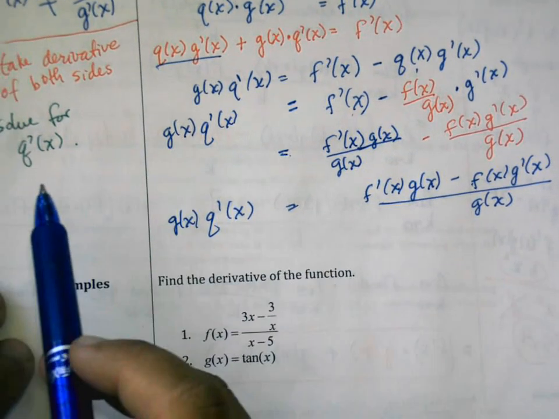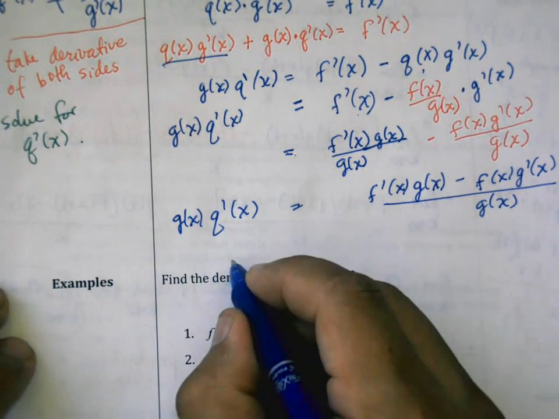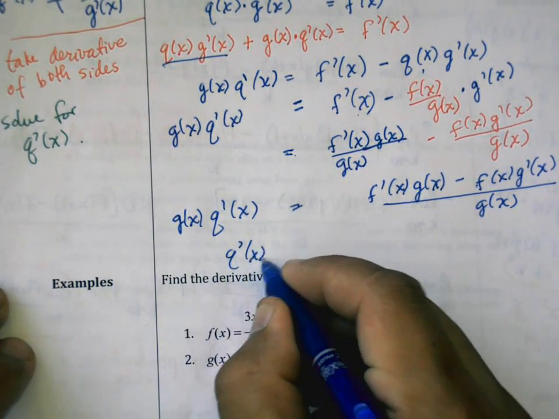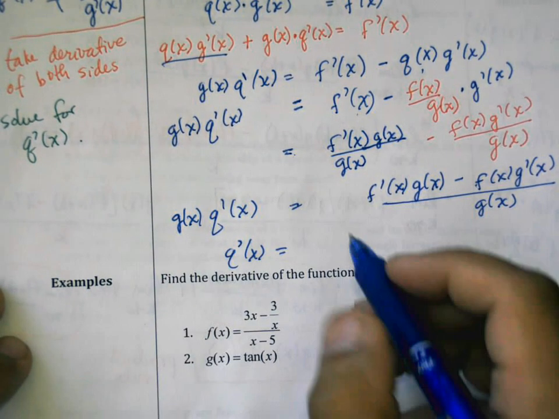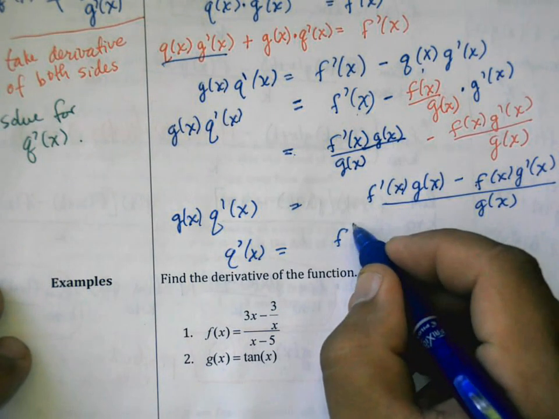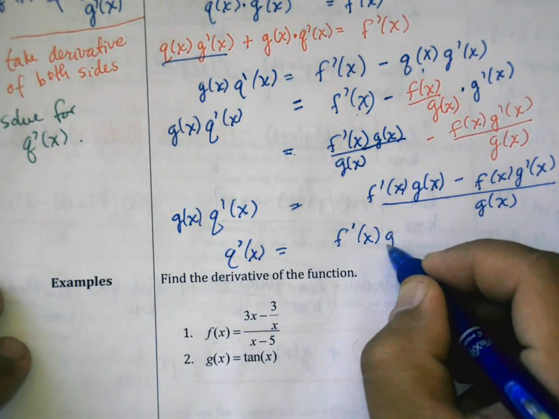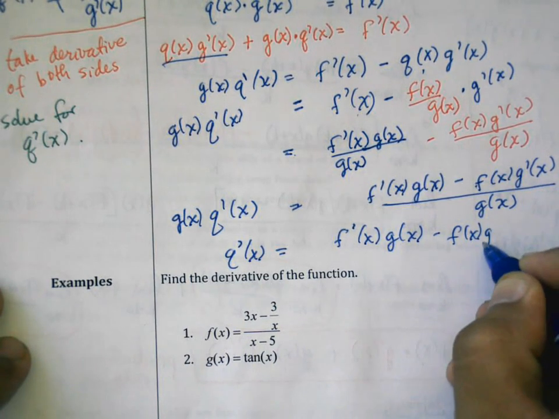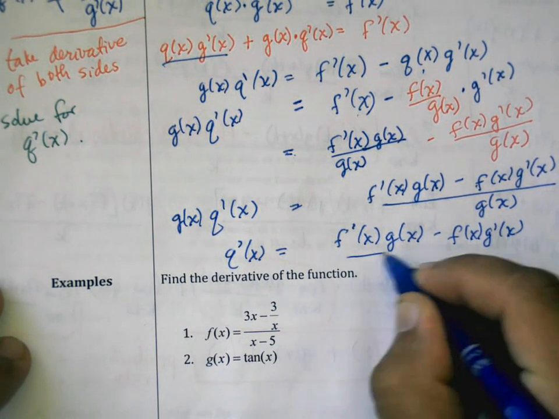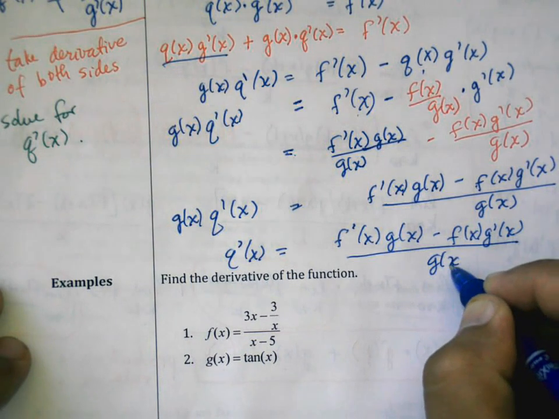But remember, we're trying to solve for q prime. So to get q prime by itself, we divide both sides by g, and we end up with q prime is equal to f prime times g minus f times g prime, all divided by g.